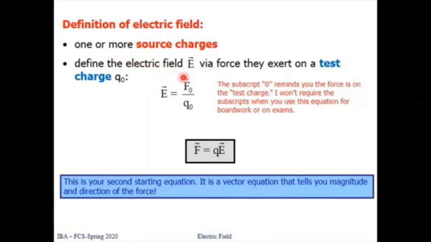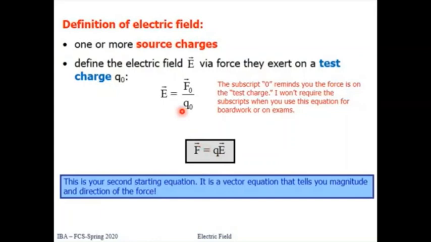Now let's define the electrostatic field in terms of the electrostatic force. The electrostatic field is defined as the electrostatic force per unit charge. This equation can be written as: force, of course the electrostatic force, equals charge times electrostatic field, but keep in mind this charge is a test charge. So this is our second starting equation, and it's a vector equation that tells you the magnitude and direction of the force.